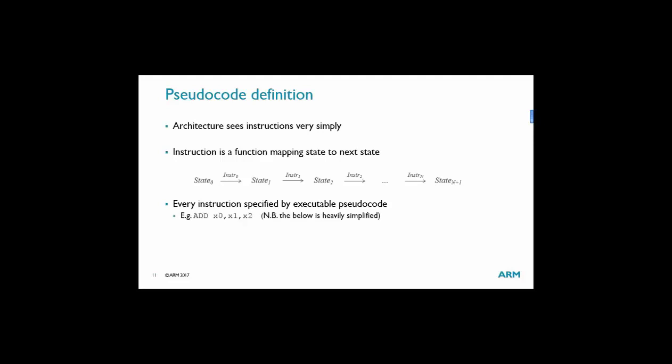As an example, take an add instruction. In the ARM mnemonic, that means add x1 and x2 together, the contents of those registers, and then store the result in x0. The pseudocode below could be an implementation of that. If you think of the add instruction as a function that maps a state to another state, then the pseudocode could look like this. You simply say that the x0 field of state 1 takes the value of the x1 field of state 0 added to the x2 field.